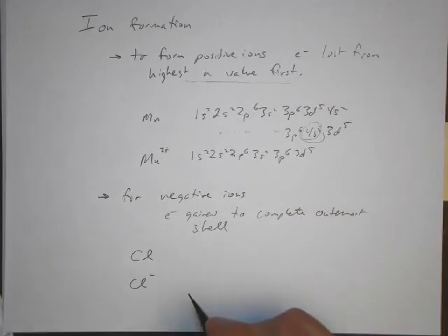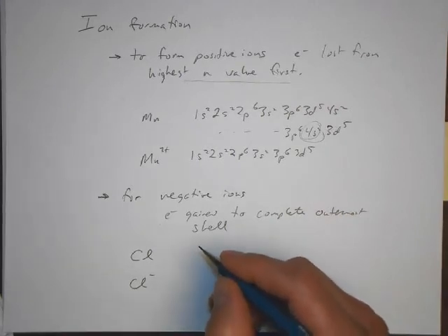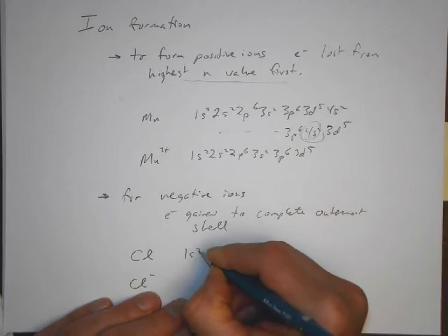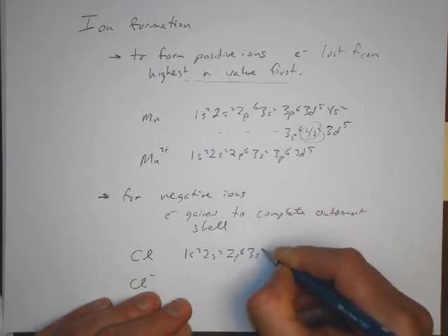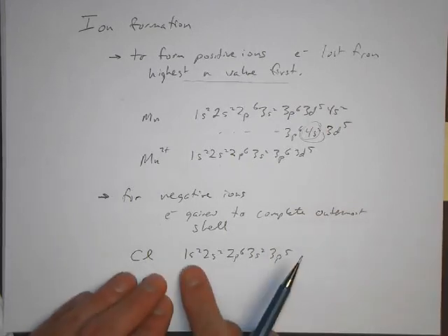I would encourage you to just pause this and give it a try. What you should find for chlorine is 1s2, 2s2, 2p6, 3s2, 3p5. That would be for the chlorine atom.